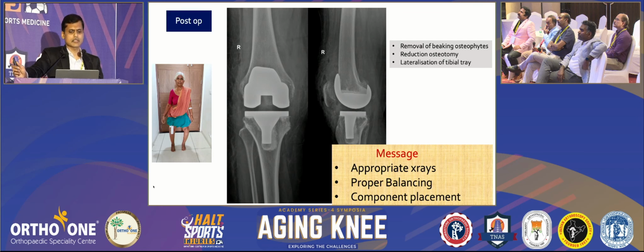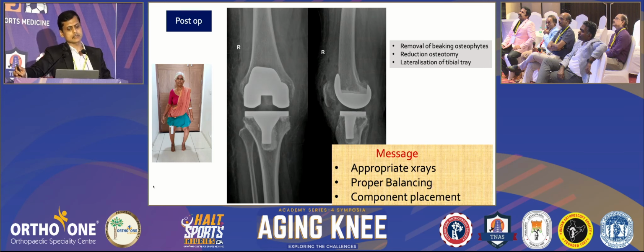So most of the time, with planning, appropriate X-rays give us a lot of information. At the end, whether you do conventional or robotic, proper balancing definitely solves almost all the problems. And component placement also plays a role.